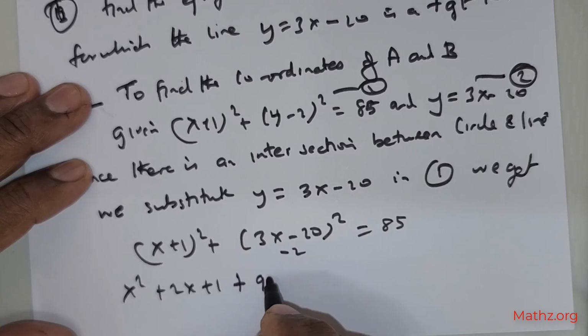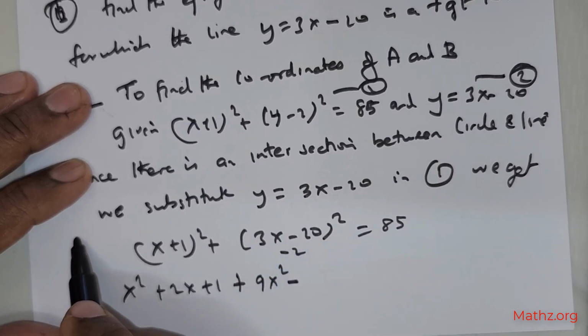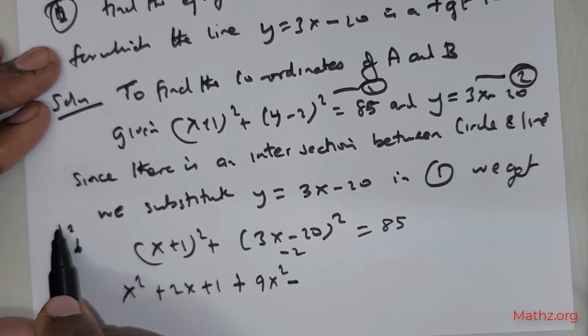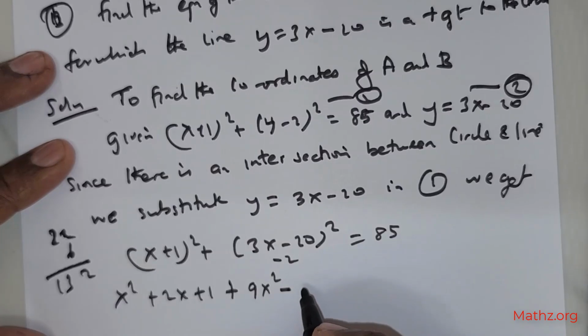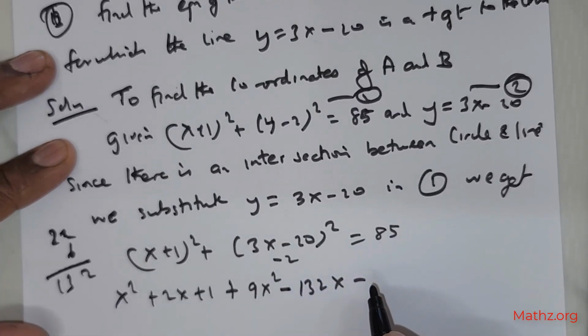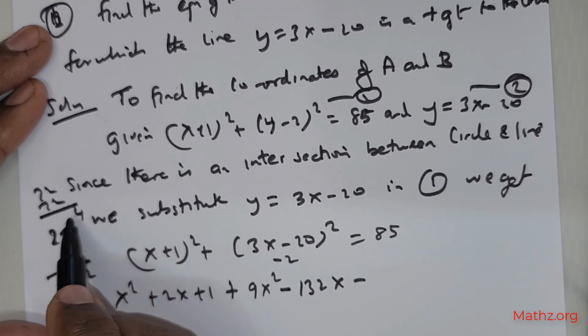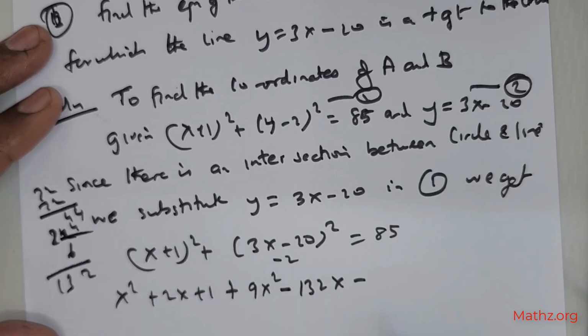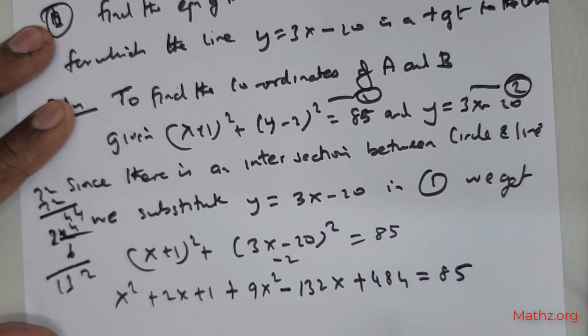So you expand, this is 9x squared, and you have negative 6x times 22. So 6 into 22 is 132, so 132x, and then you have 22 squared, 22 into 22 is 484, positive, equal to 85.